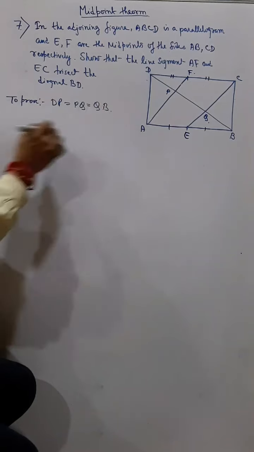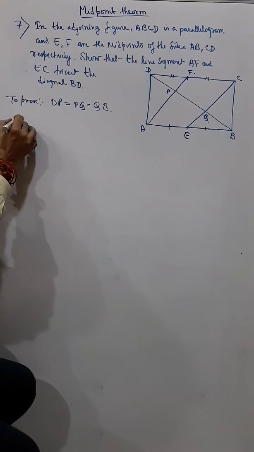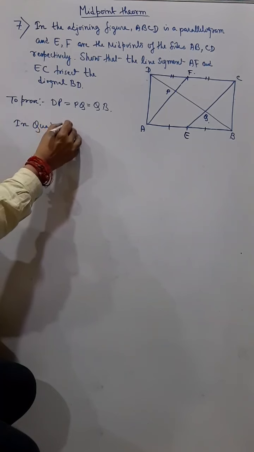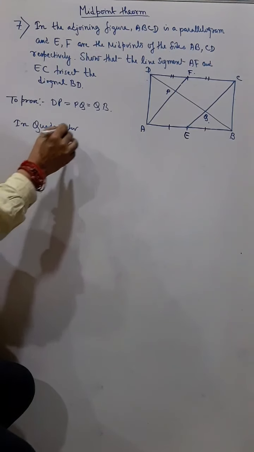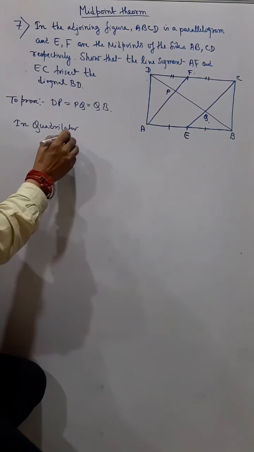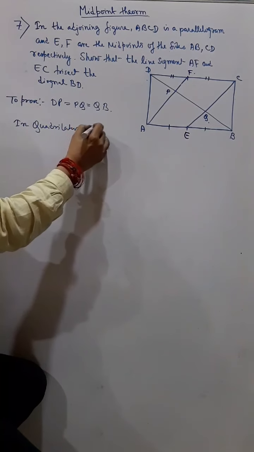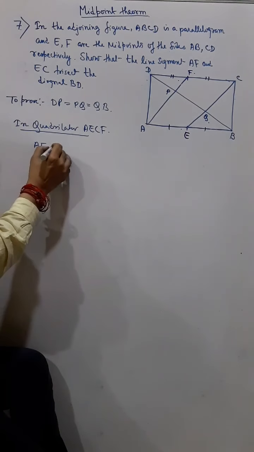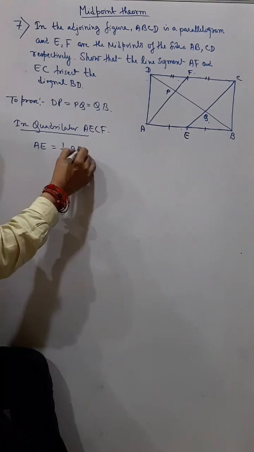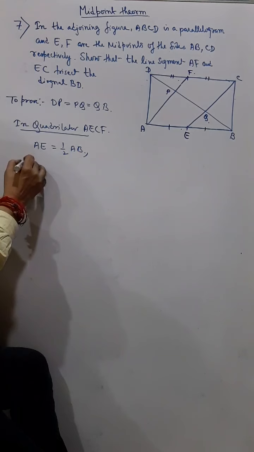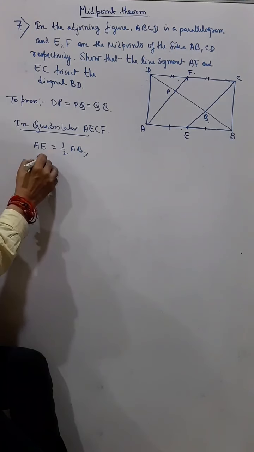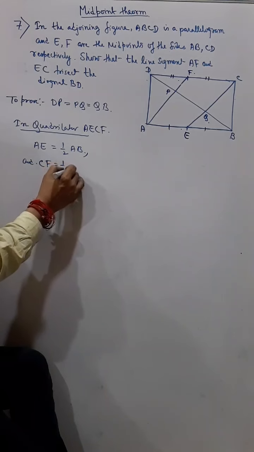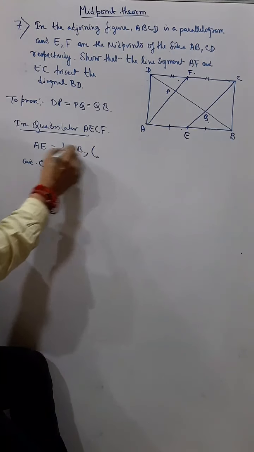Now for this, first of all, in quadrilateral AECF, now we can say that AE is equal to half of AB and CF is half of CD.